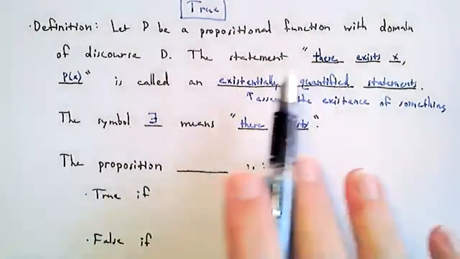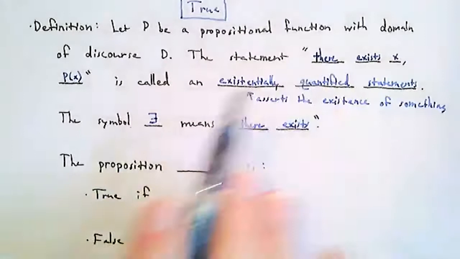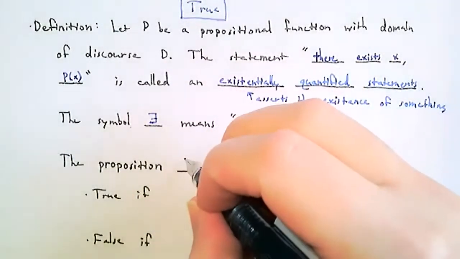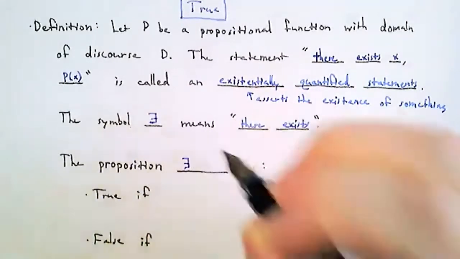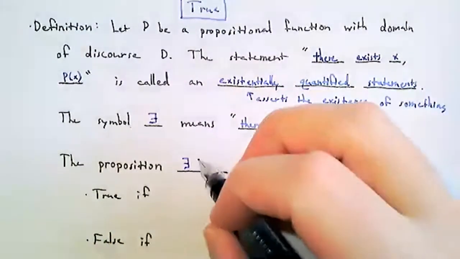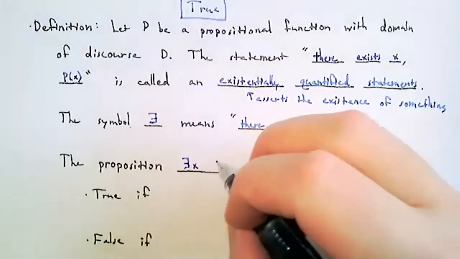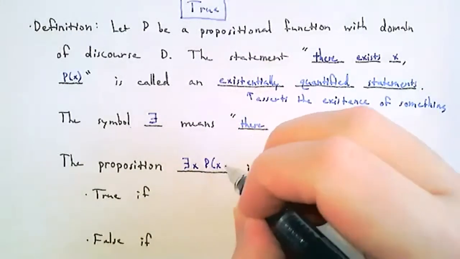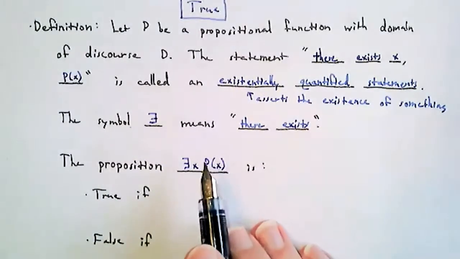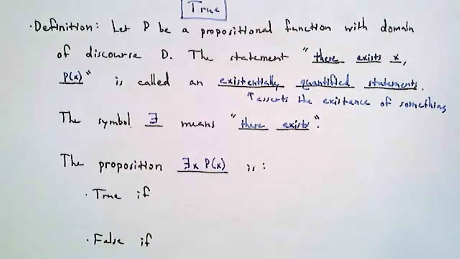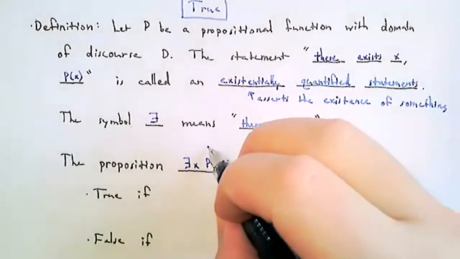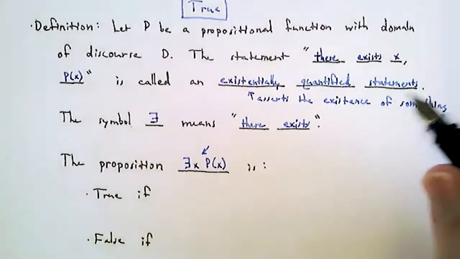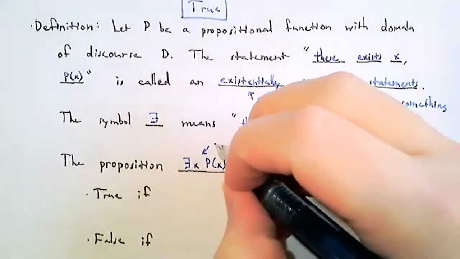So instead of writing out in words, there exists X such that P of X, we'll usually use the symbols, the new backwards E, and then X, and then the propositional function with X plugged in. And the way you would read this in English is exactly this: there exists X such that P of X.